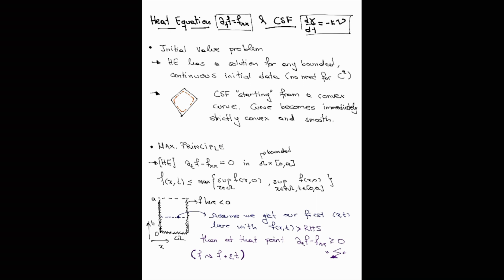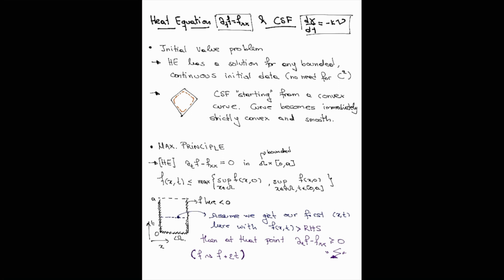All right, so let's go back to the fact that the curve shortening flow is a heat type equation. And let's see what we can use from the heat equation for curve shortening flow.